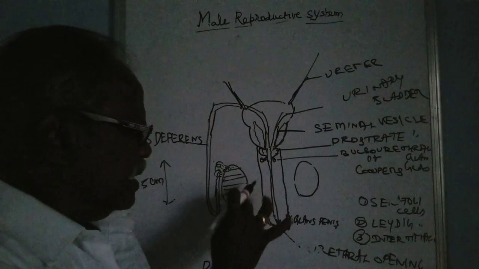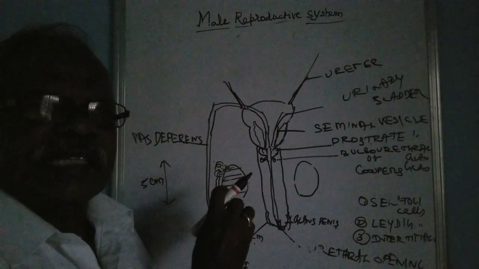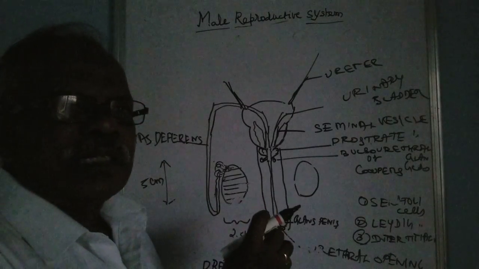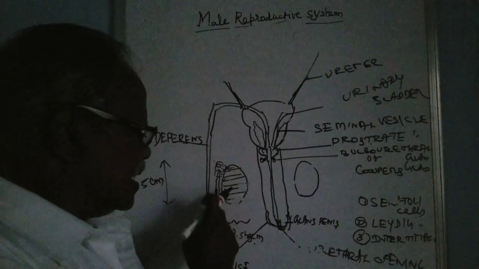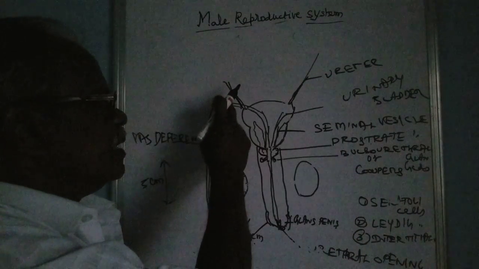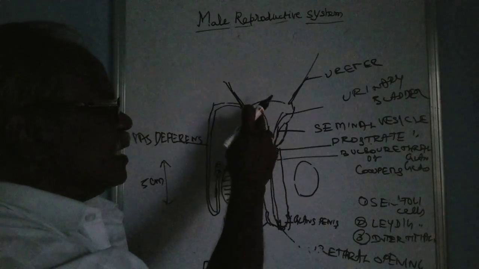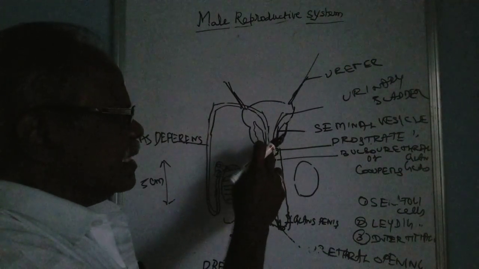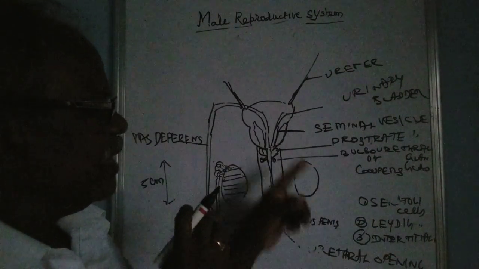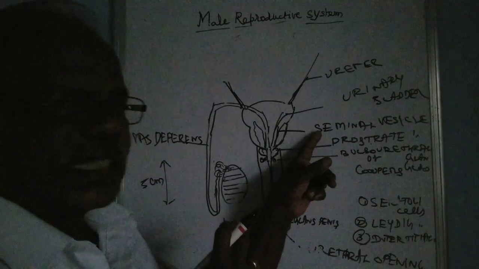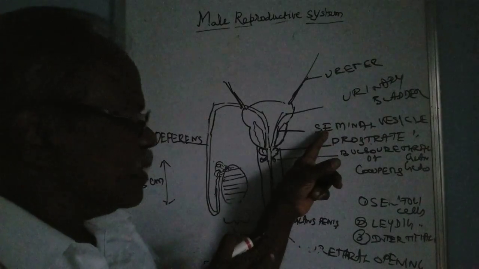The secretion of the 3 glands, the major secretion, is known as the seminal plasma, and the semen is carried through the seminal plasma. Then it comes through the vas deferens, and at the meeting junction of the two vas deferens, there is a seminal vesicle which supplies proper nutrition to the sperm.